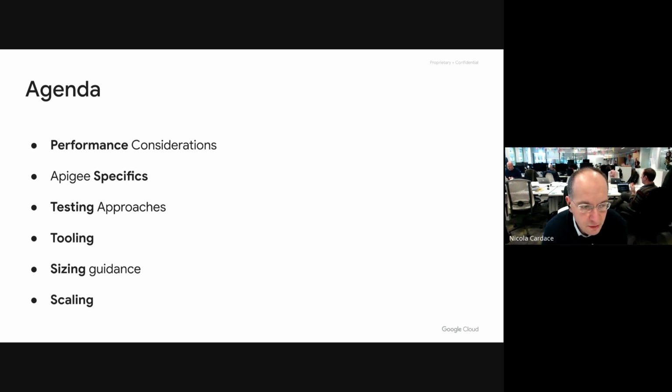I'm going to show you tools that you can deploy open source, that do not require any commercial licenses, to generate volume testing and to start testing and validate the performance considerations. And then the sizing guidance, in case you're dealing with the Apigee hybrid runtime, where you need to install it, size it, and decide the configuration in terms of CPU, RAM, networking and storage, for example.